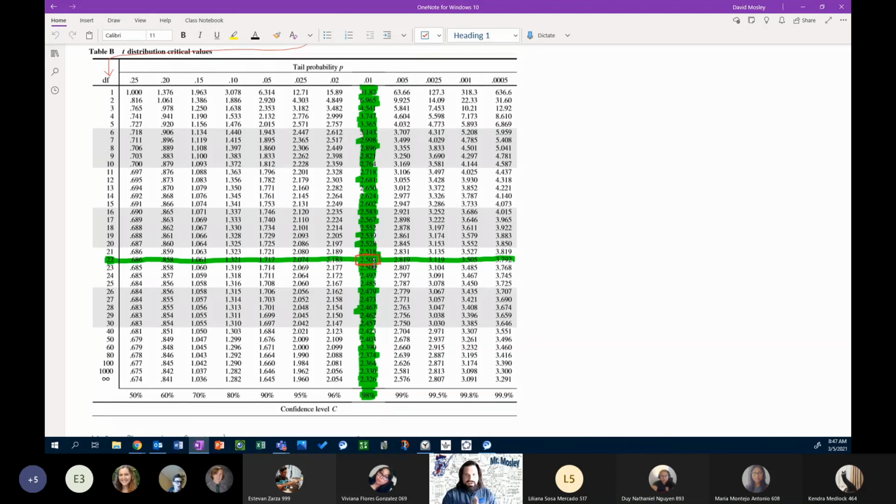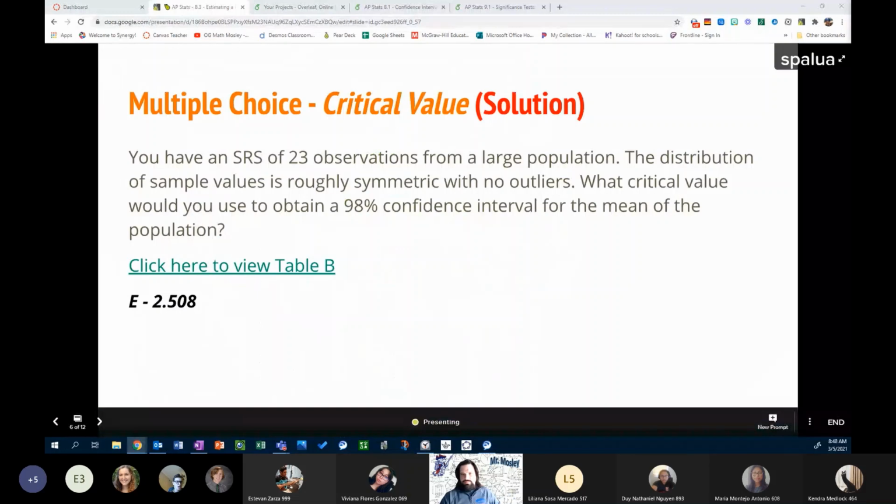So anything I can clarify about how to find a critical value based on degrees of freedom and confidence level? All right. Let's push on forward.